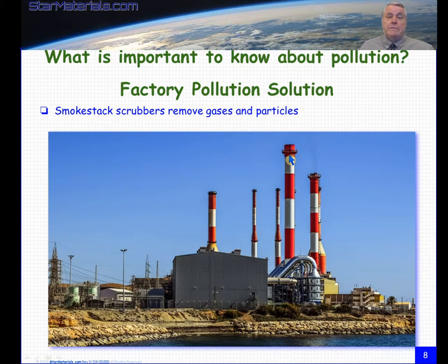That's why you can see it. And at the top of these smokestacks, you can put machines that will scrub. It will take these particles out of the exhaust. That's good. It also costs money. But it's a solution to a point source issue.